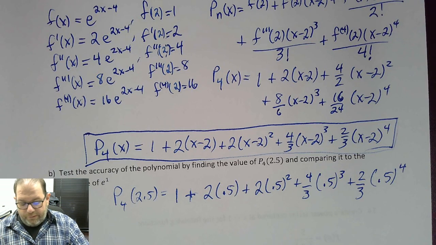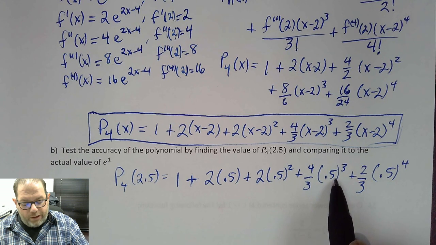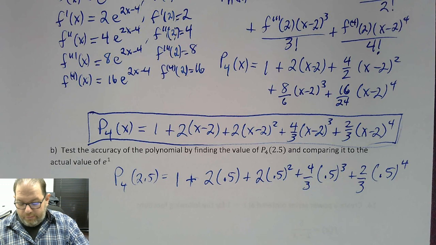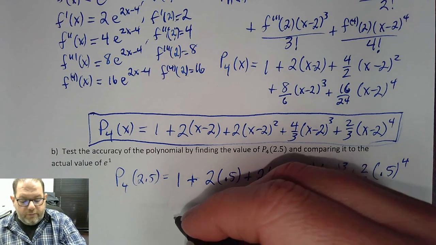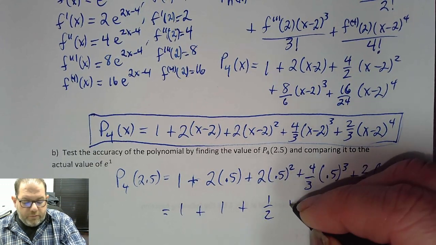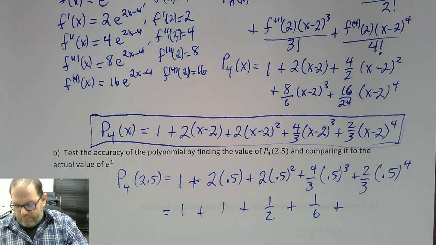So 2.5 plus, and we want 0.5 to the third times 4/3. I believe that is 1/6. 0.5 to the third times 4 divided by 3. Yeah, it's 1/6. So it's 1 plus 1 plus 1/2 plus 1/6. And then 0.5 to the 4 times 2 divided by 3.